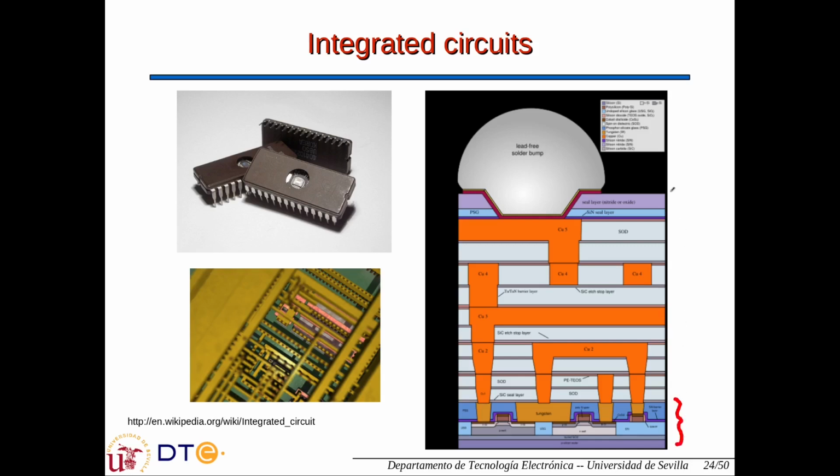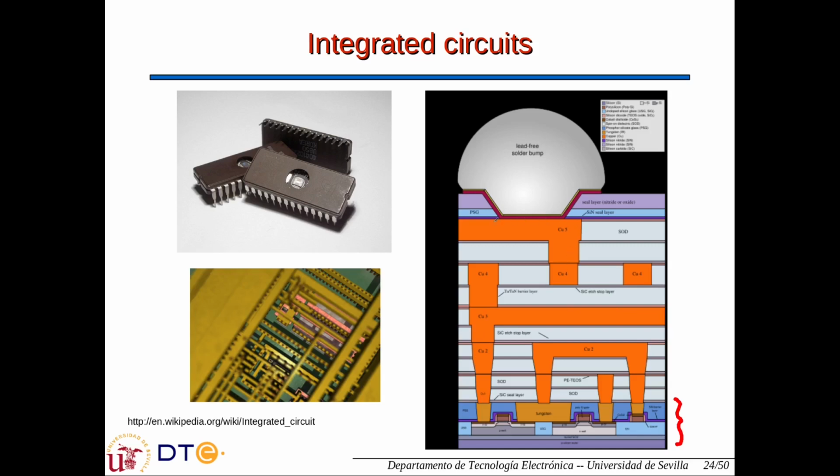From here to the top, we have more and more layers of interconnection, layers where we put metal around. This is a cut, so metal goes this side and also goes to the inside of the photograph.